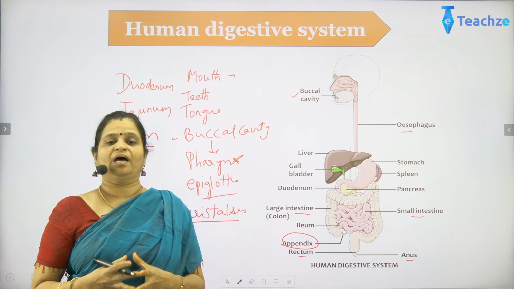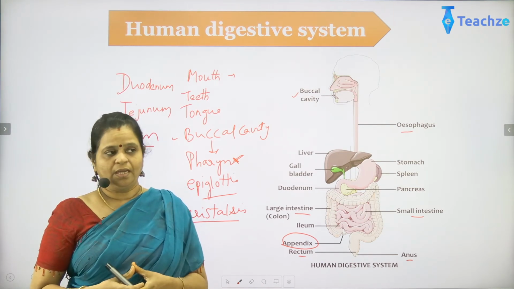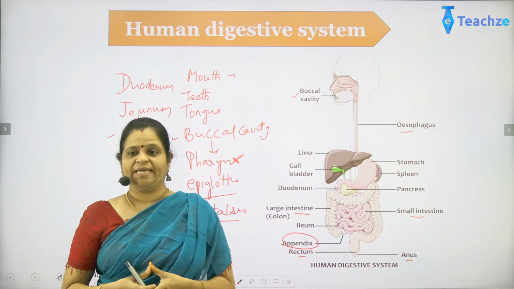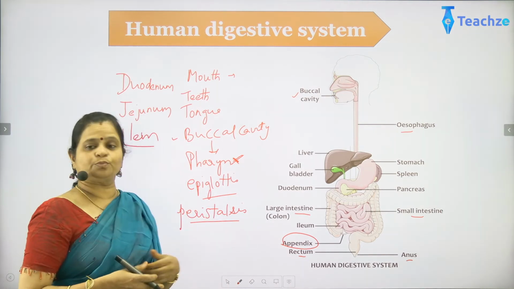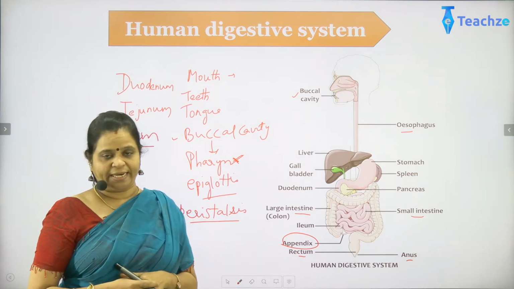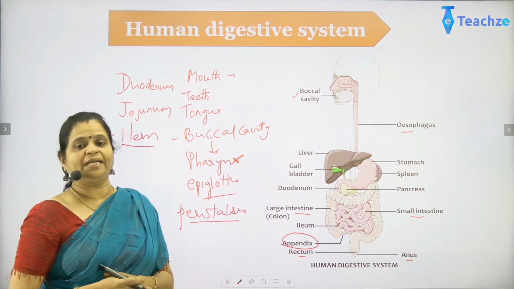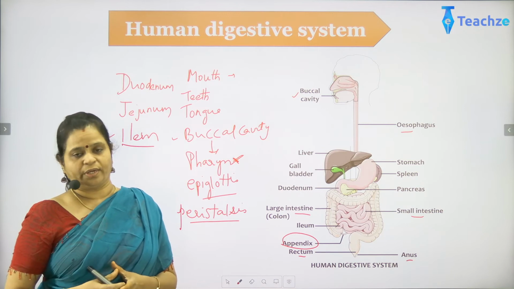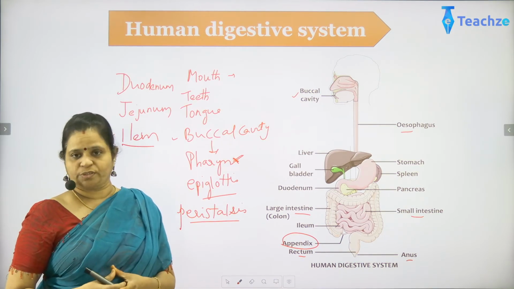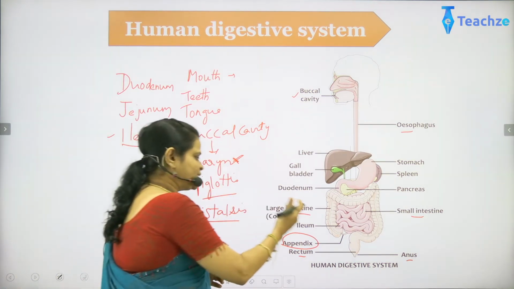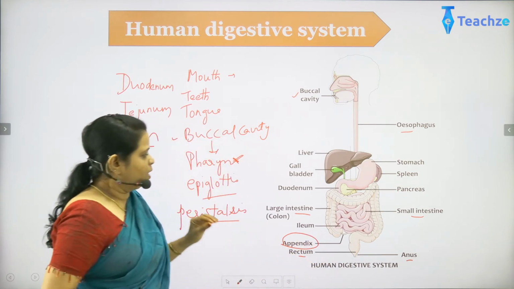That means it has no function as such. But many people would have experienced inflammation of the appendix, which we call appendicitis. The appendix is a vestigial organ only in humans, but in herbivores, it has microorganisms which help in the process of digestion.